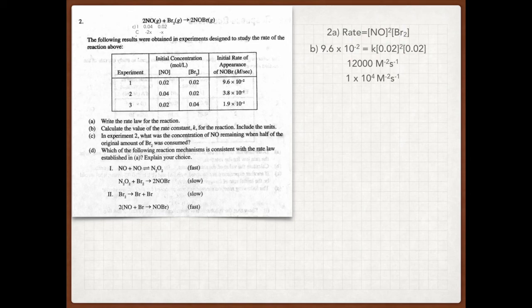So that means in the end, I'm going to only have 0.01 of Br2 because half of it was consumed. So basic math tells me that x has to be 0.01. If x is 0.01, how much NO is left over? Well, it would be 0.04 minus 0.02, which would give me 0.02 molar of NO.